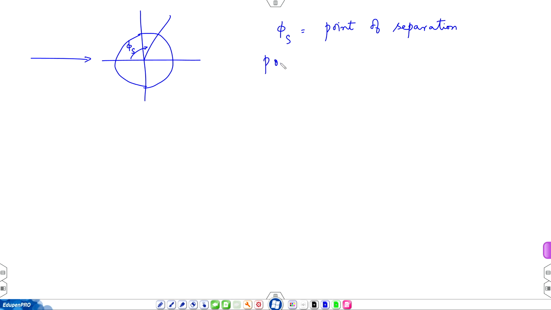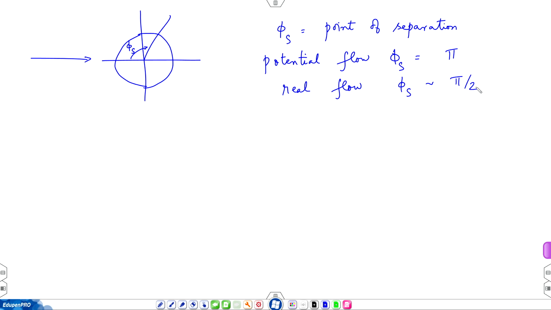So, in potential flow, there is no separation. That means, flow remains attached over the surface of the object. So, phi s is pi, right. And in real flow, phi s is closer to pi over 2.